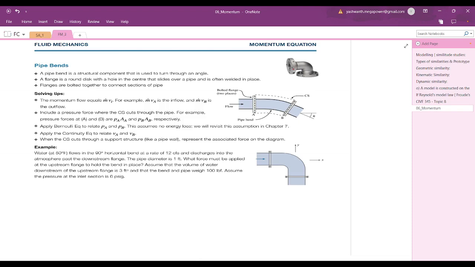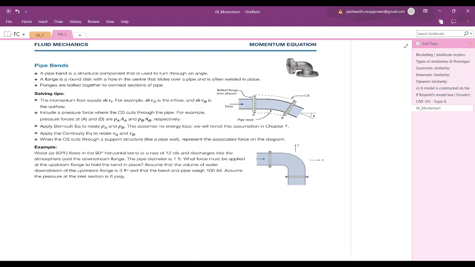So already we have discussed this, right? After that, one more equation to be used, that is the continuity equation. So see, slowly the complication is increasing. It means in the free jet, we have used only the momentum equation, right? Whereas in the case of vanes, we have used the momentum equation along with the energy equation.